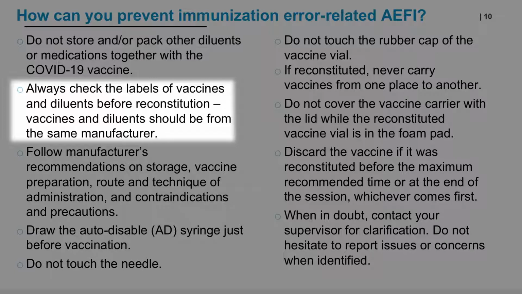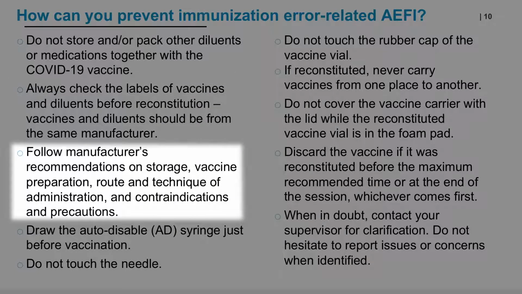And most importantly, remember the vaccine and the diluent should be from the same manufacturer. During reconstitution and vaccination, it is very important to follow the manufacturer's recommendations on storage, vaccine preparation, route and technique of administration, and contraindications and precautions.